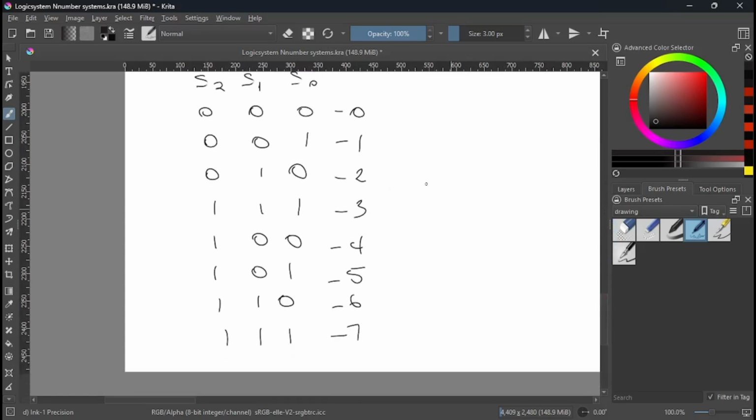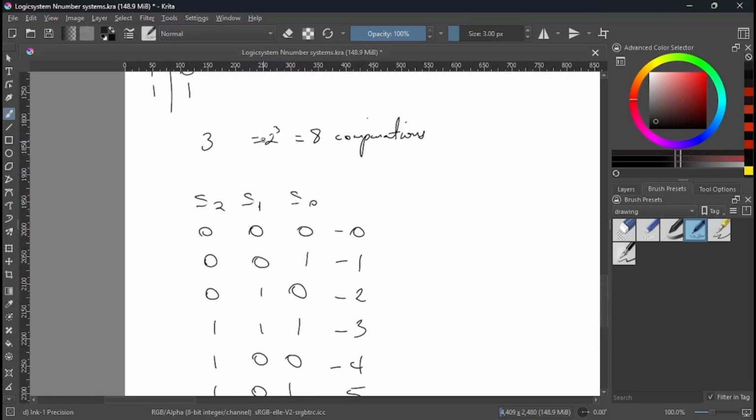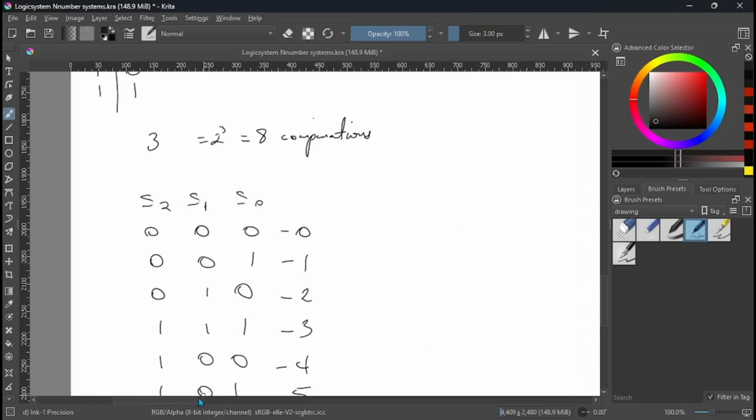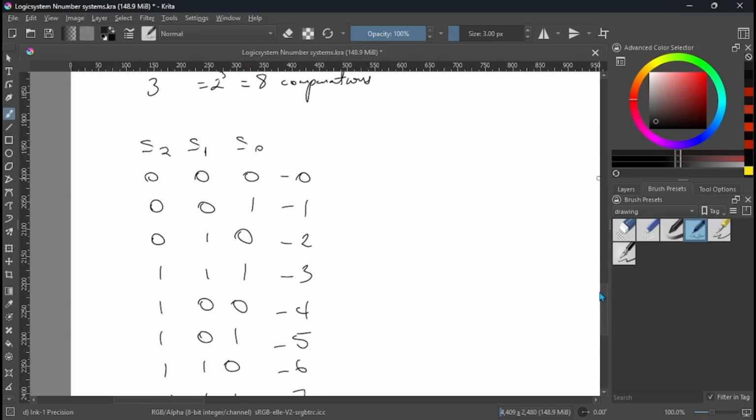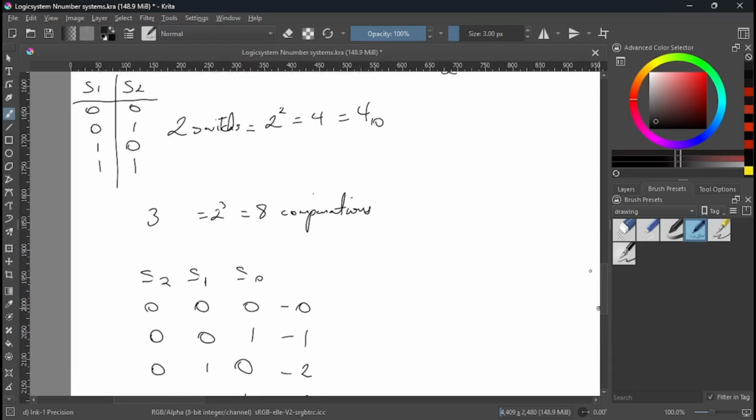Then we have 001, that'll be 1; 010, that'll be 2; 011, 3; 100, 4; 101, 5; 110, 6; 111, 7. These are the 8 combinations, because we start from 0 and end at 7. So 2 cubed is 8. Don't confuse it. This is how we end up with all the binary combinations for 3 switches.